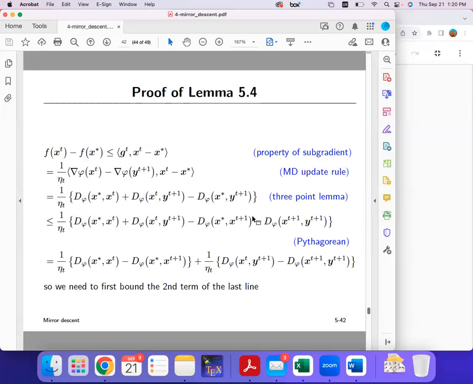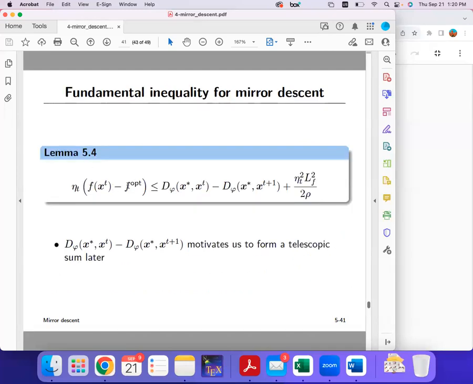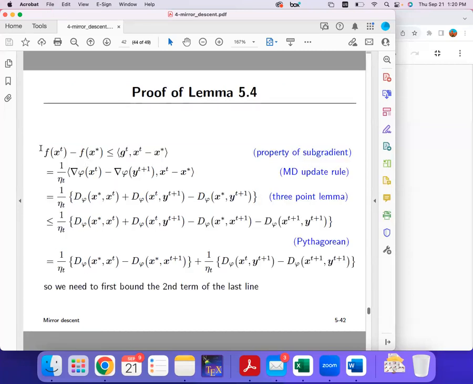So we start from the left-hand side, which is f(x_t) minus the optimal function value. Okay, so we start from the left-hand side. And for the first inequality, we simply use convexity. Well, g_t is a subgradient at x_t. So by convexity, right, f is convex. So we have this convex inequality. And then what is g_t? g_t is a subgradient.